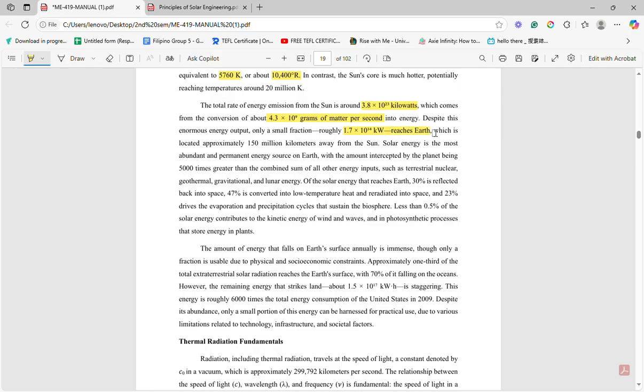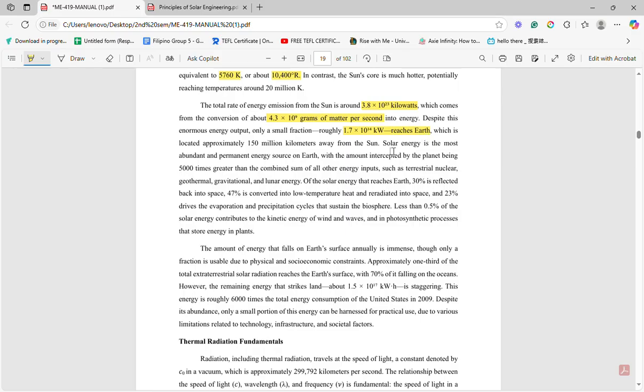This is most likely a little more than half of the value, and Earth is located approximately 150 kilometers away from the sun. So that's still far. That's really far. So our mission or our target is to have this harnessed as much as we can.